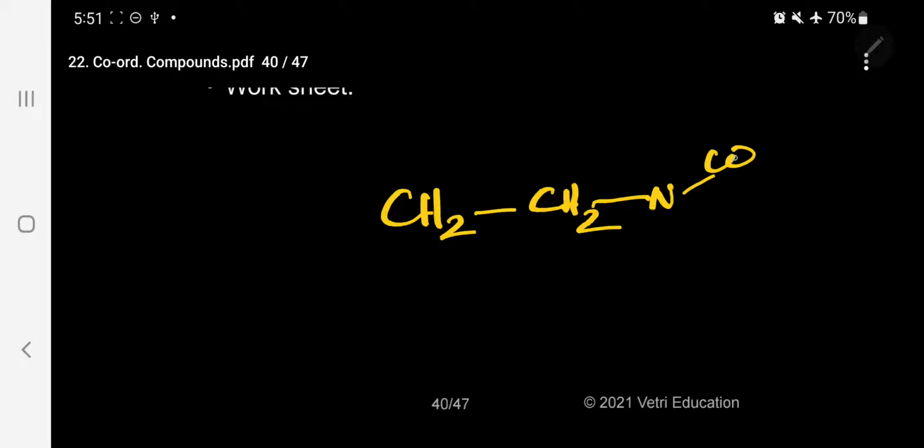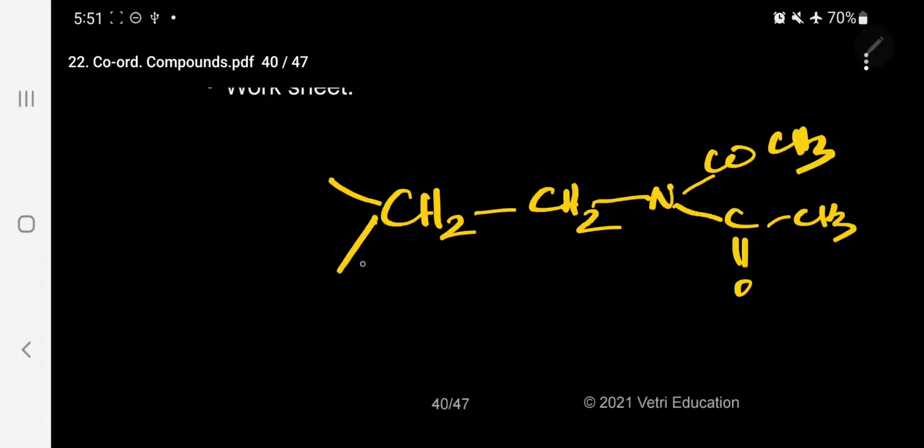The original is ethylene diamine. Kindly follow. This is ethylene, the diamine NH2. Instead of H, we now have the acid groups, so it is forming now. I can write here CH3, here again CH3, the same way here.